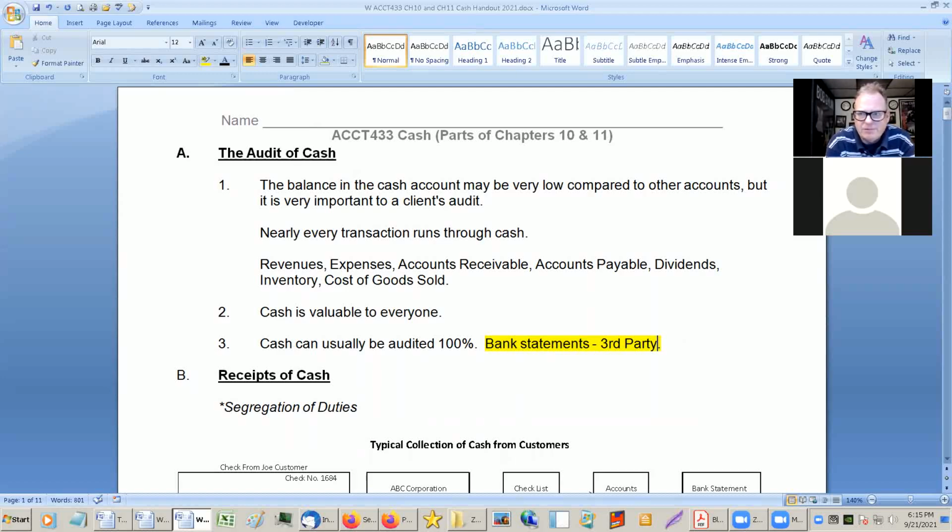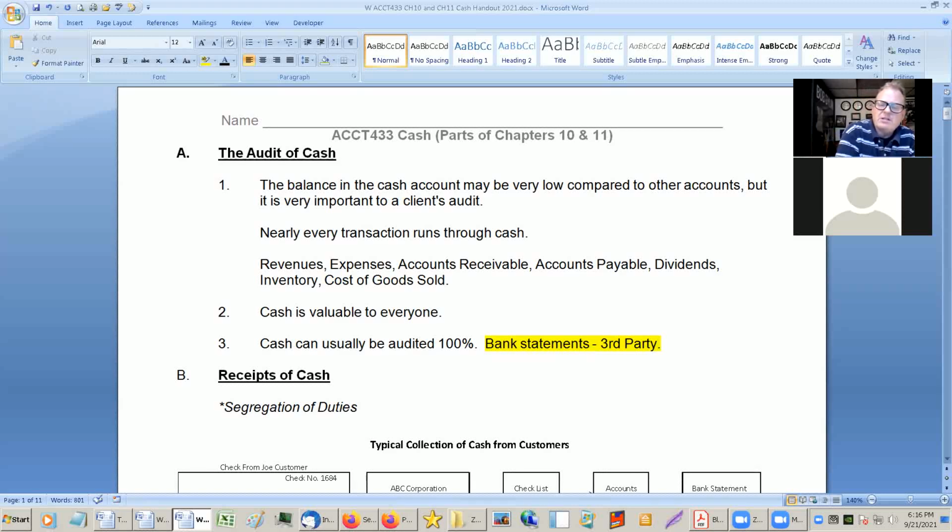Maybe they have 7,000 cash accounts. You can still do it. Might take a little bit of time, but you can still do it. Whereas for Walmart, auditing the inventory 100% is absolutely impossible. There's not enough people in the world to carry that out.